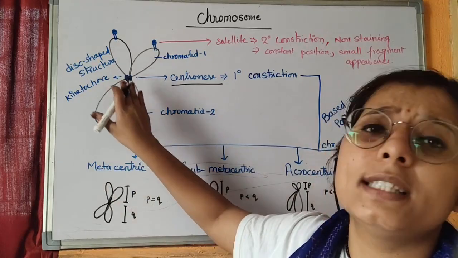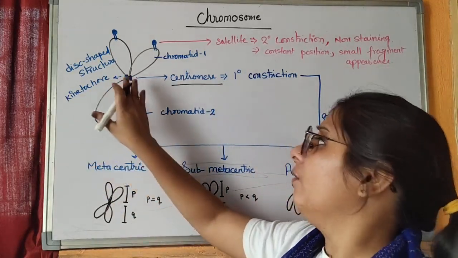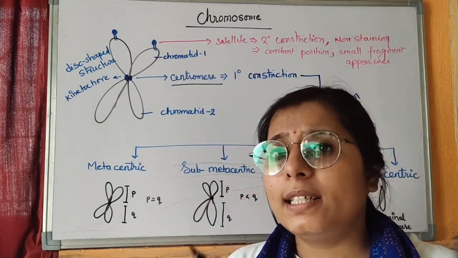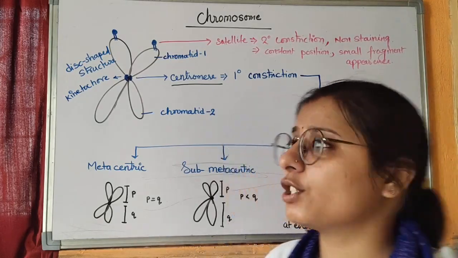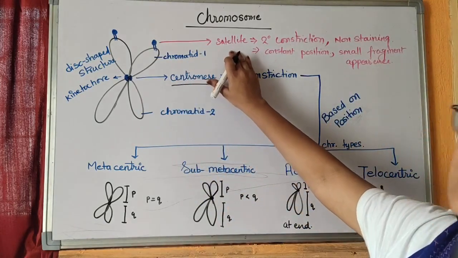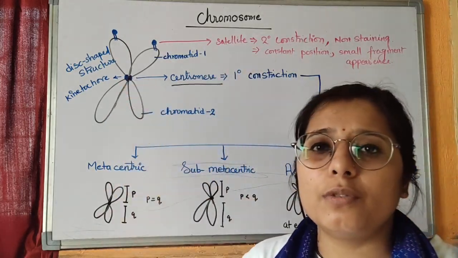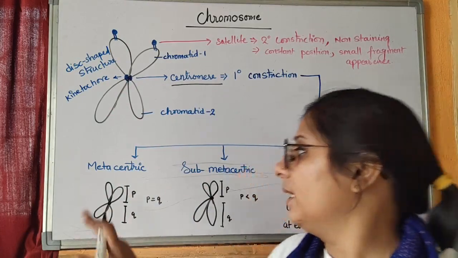This centromere is enveloped by a disc-like structure called the kinetochore, while some chromosomes have a secondary constriction that is present at some constant positions and gives a small fragment-like structure, known as the satellite or secondary constriction.